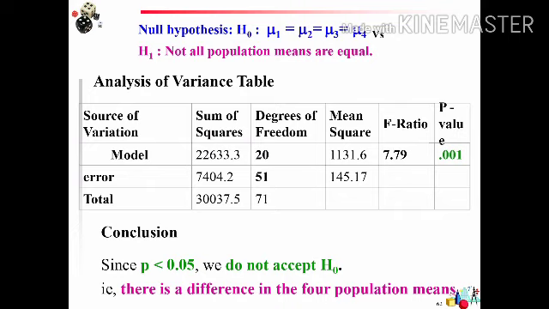Here the p-value is 0.001, which is less than 0.05. So we reject H0, that is, there is a difference in the 4 population means. So here we see the repeated measure ANOVA. This analysis is an extension of the paired sample t-test.